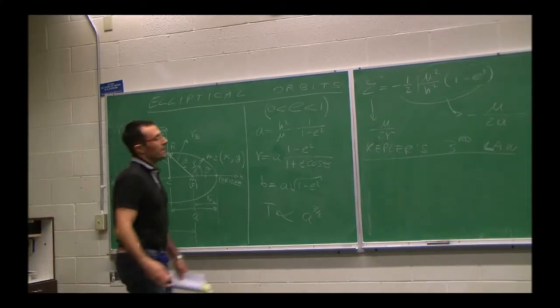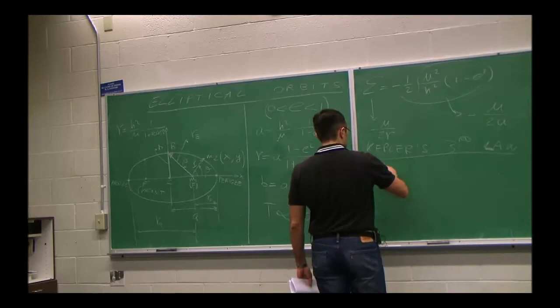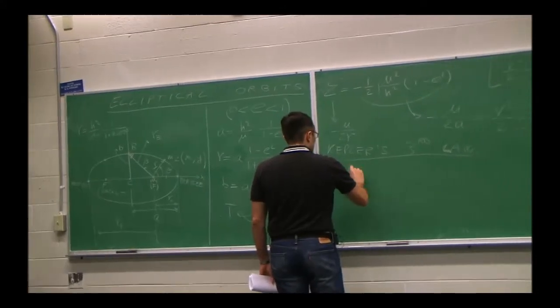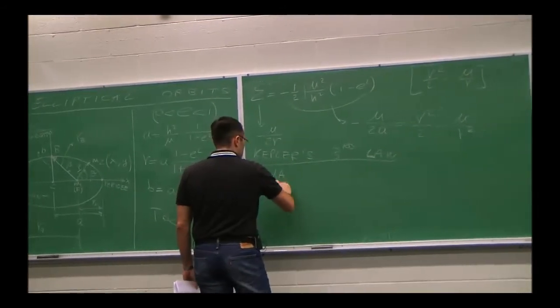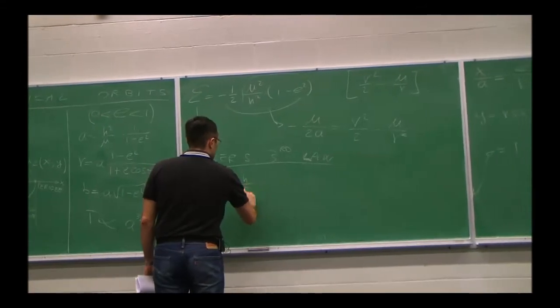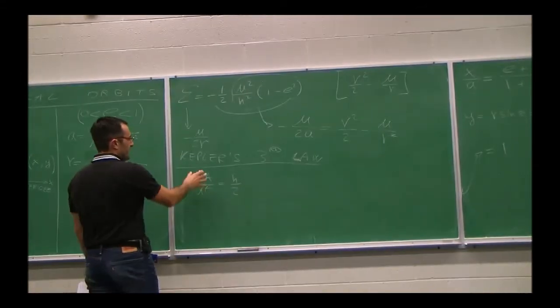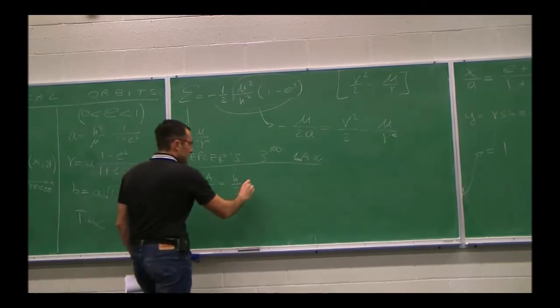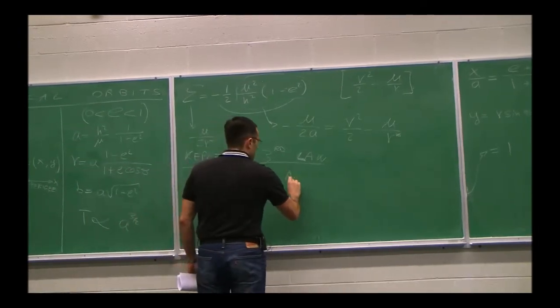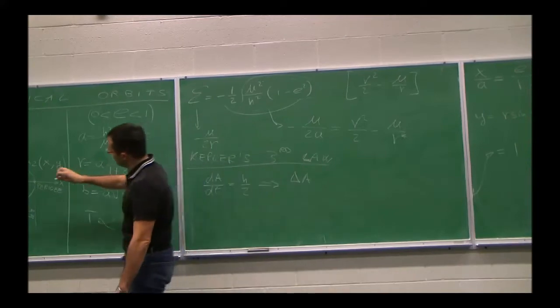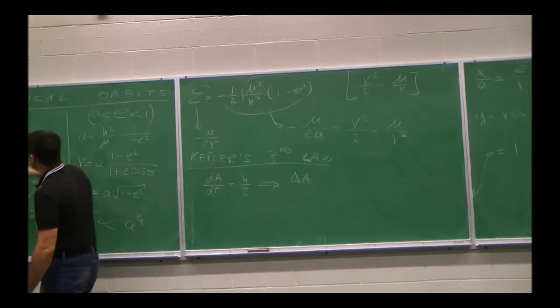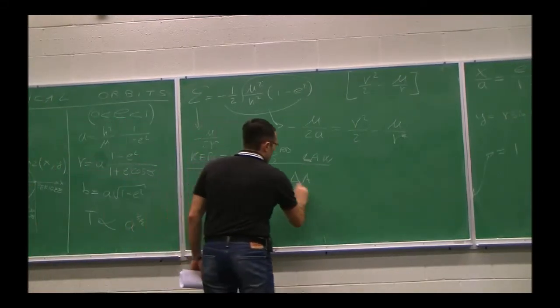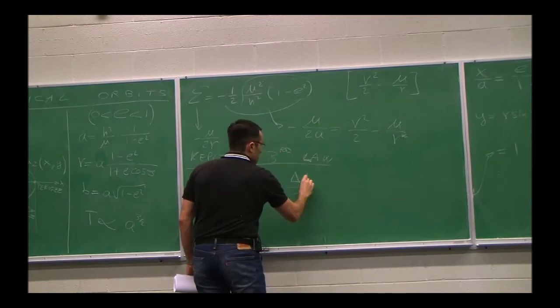Okay, well, that comes actually from the constant area. We know that dA/dt, we have proven this a few lectures ago, is a constant and is h over 2. Now if I take this and I do it over the entire orbit, which I can, it becomes delta A, the whole surface enclosed by this ellipse, over what I call the orbital period.